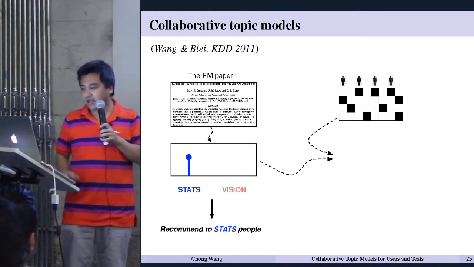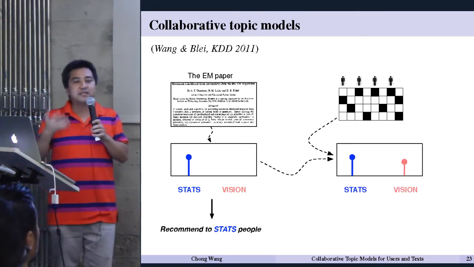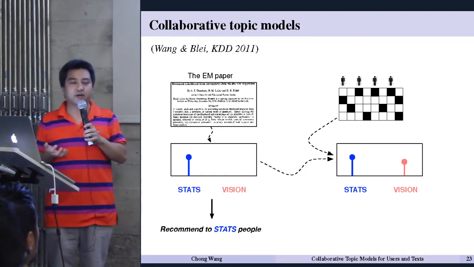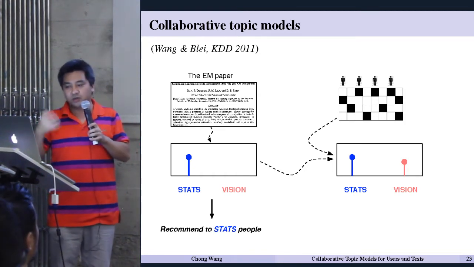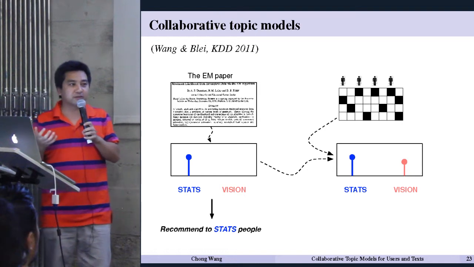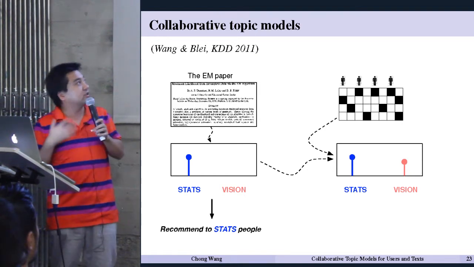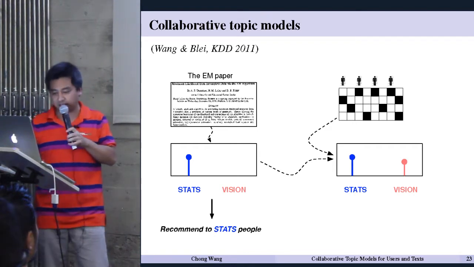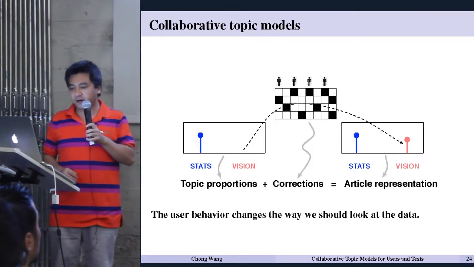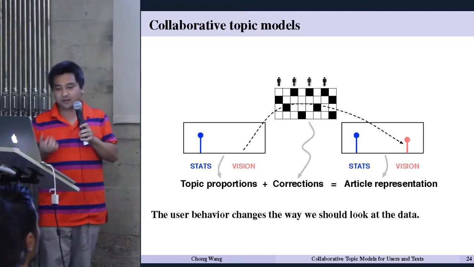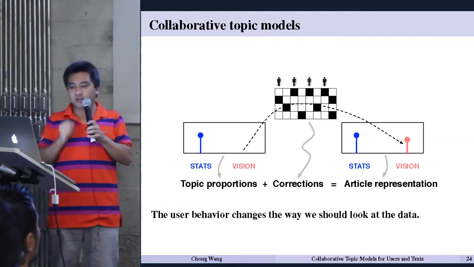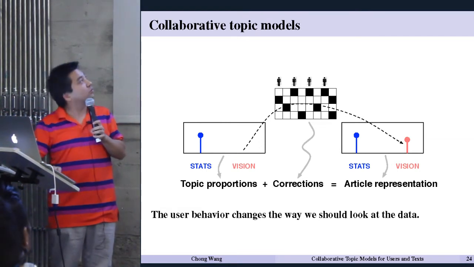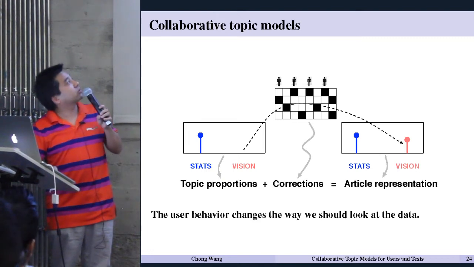Okay. So that's the basic idea for the collaborative topic model. It's actually pretty simple. Given this user behavior, we want to do some analysis so that we can recommend this paper to both statistical people and vision people. So how do we do that? It's actually a pretty simple combination. Remember that we use topic proportions to represent documents.